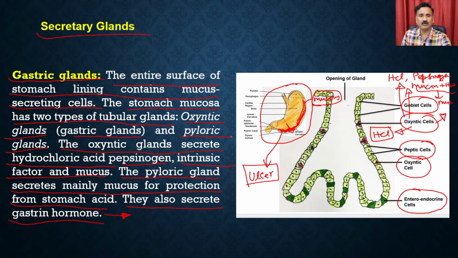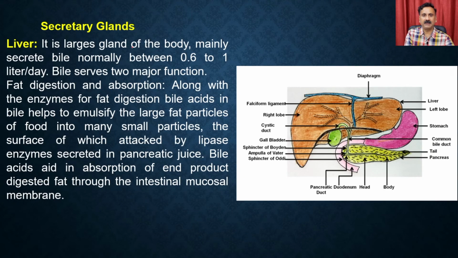Now, let us move on to the next gland. The next gland is the liver. It is the largest gland of the body, and it mainly secretes the bile, normally between 0.6 to 1 liter per day. What you see here is the liver, which is called the largest gland in the human body.